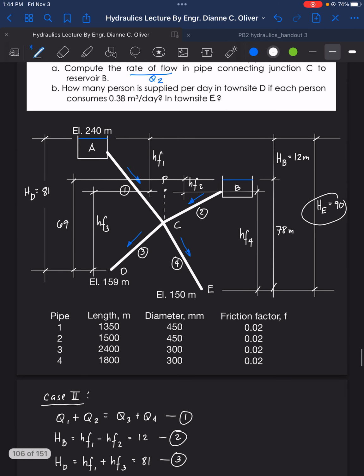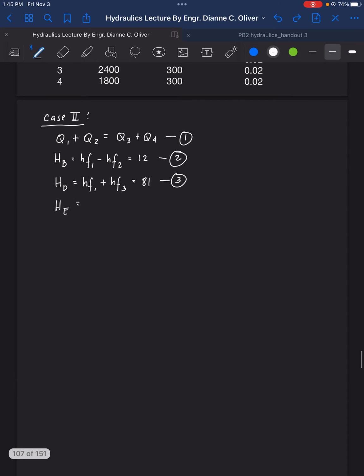HE is equal to 90, so that is equal to HF1 plus HF4. So HF1 plus HF4 equals 90. Equation number 4.